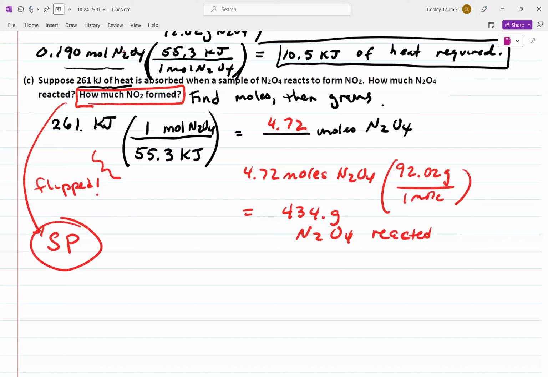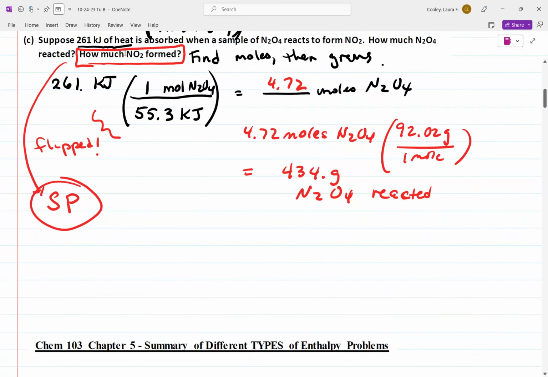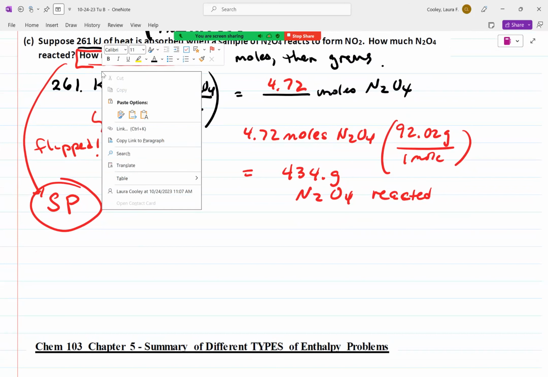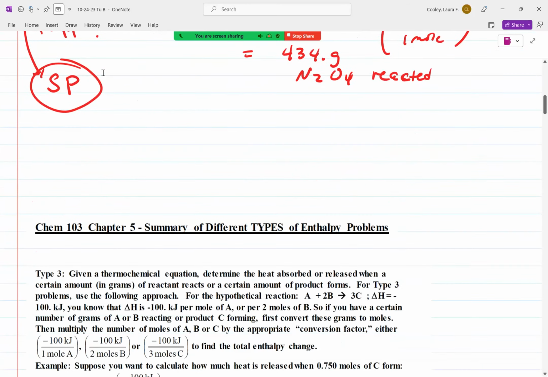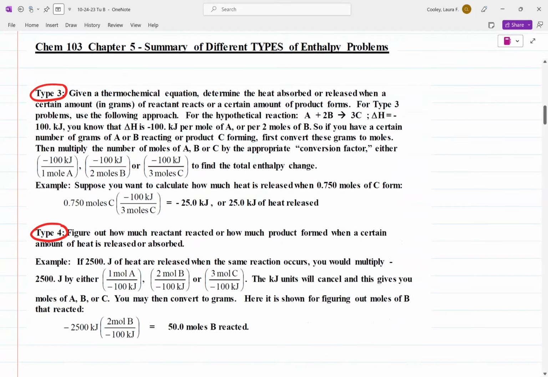I want to show you that there are different types of enthalpy problems to do, and I don't want you to be confused about it. In this packet, I managed to include a piece of paper that says summary of different types of enthalpy problems. It's the second page. What we have just done is what I call a type 3 and a type 4 problem.